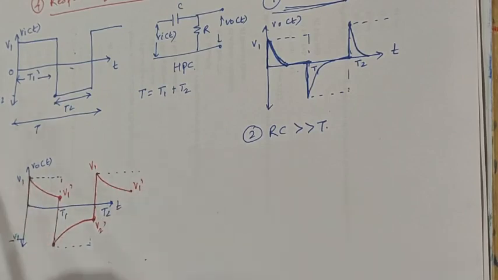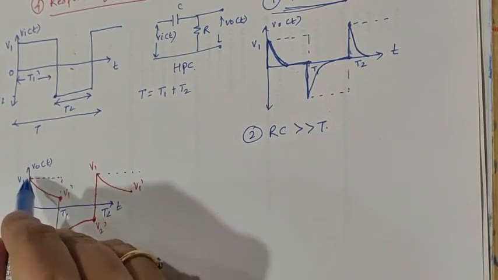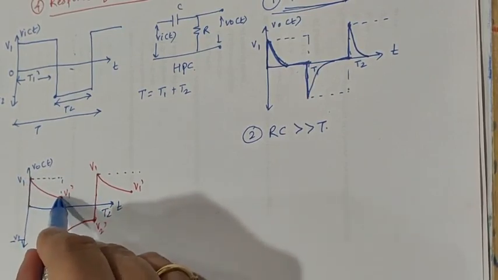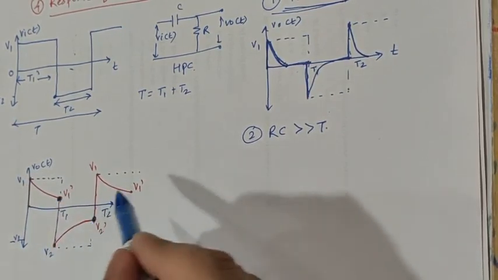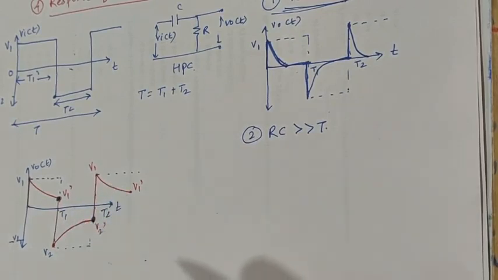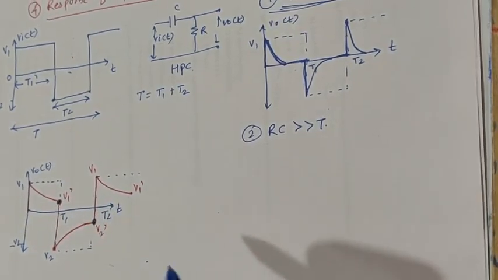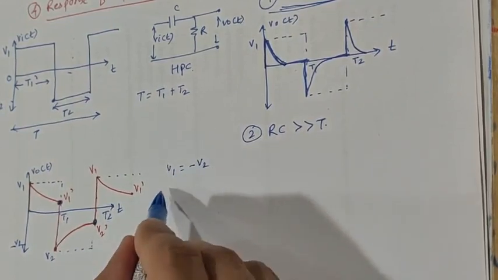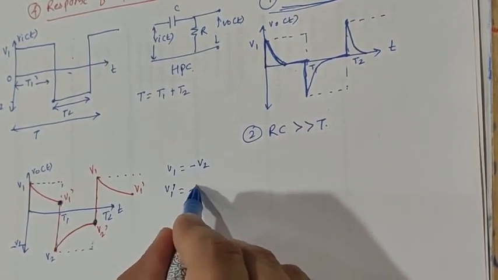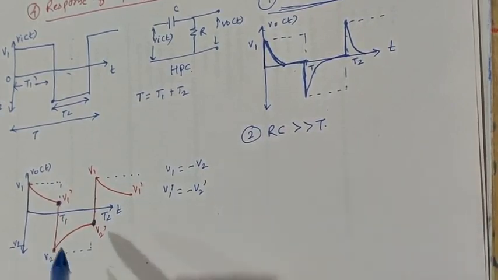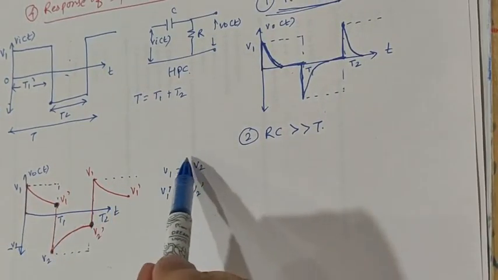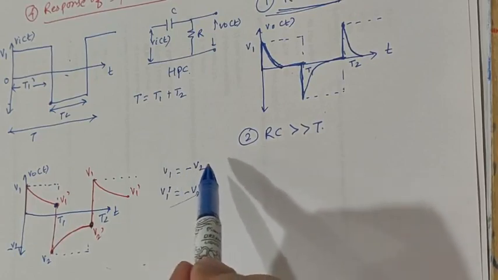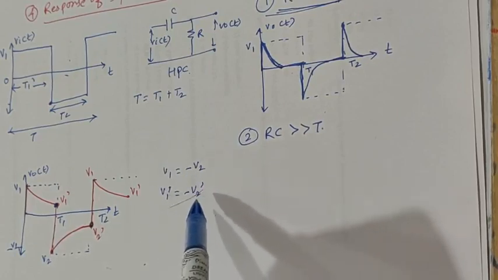Now here there are 4 points that I need to look at. One is V1, another is V2, one is V1 dash, another is V2 dash. Of course they are symmetrical to each other because it is a square wave or a periodic waveform. So in this waveform V1 is equal to minus V2 and V1 dash is equal to minus V2 dash. If I want to sketch this waveform, I need to know the expression for these 4 coordinates, V1, V2, V1 dash and V2 dash.